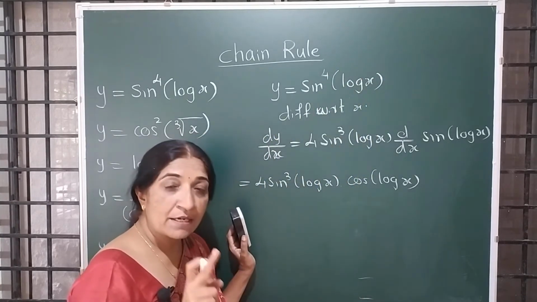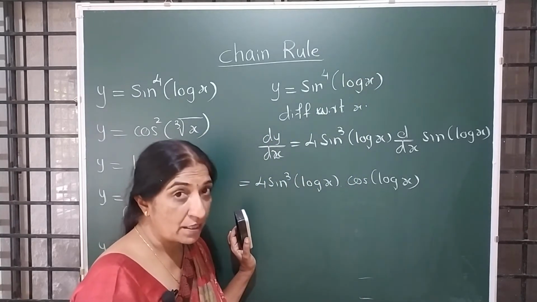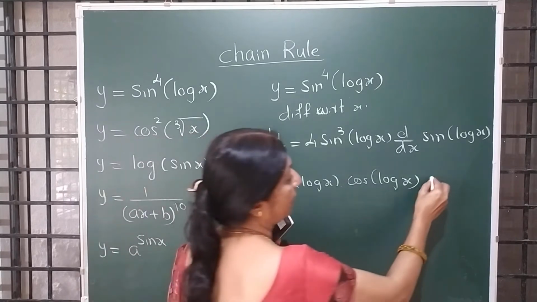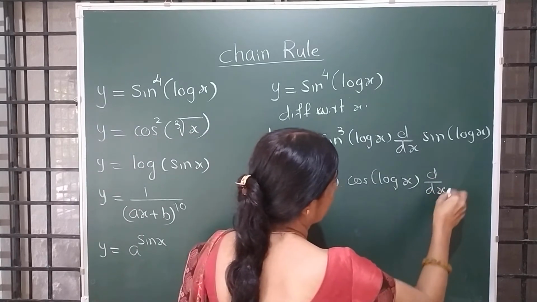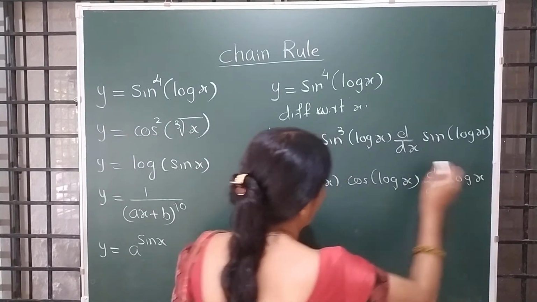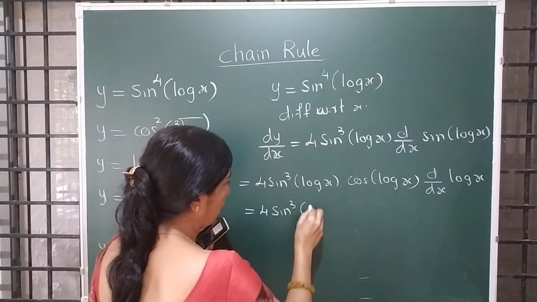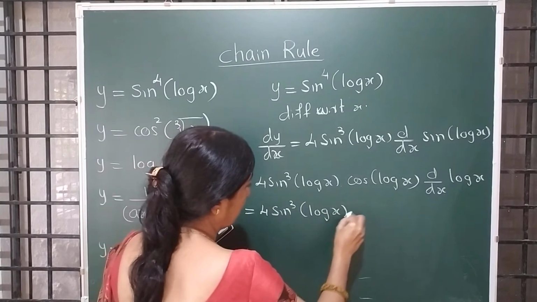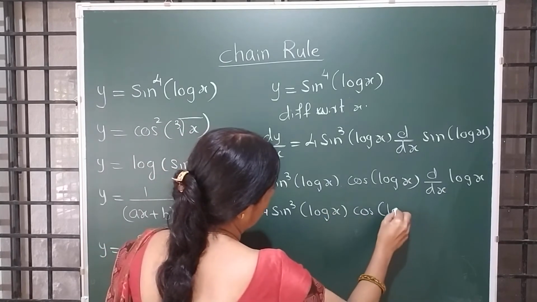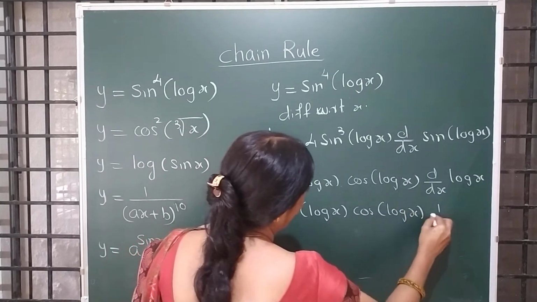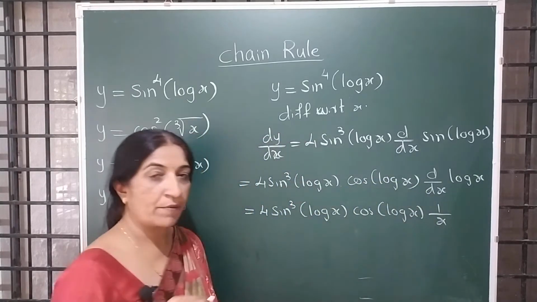If the angle is other than x, then differentiate the angle. It is 4 sin cube log x, this is cos log x, and differentiation of log x is 1 by x.